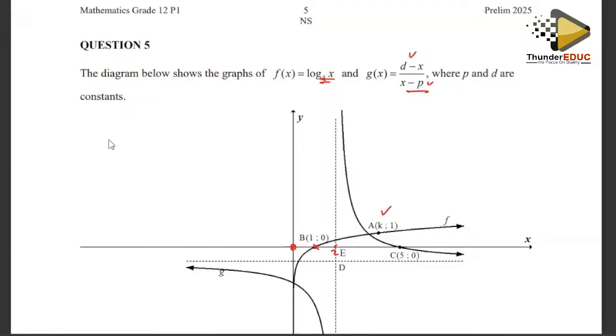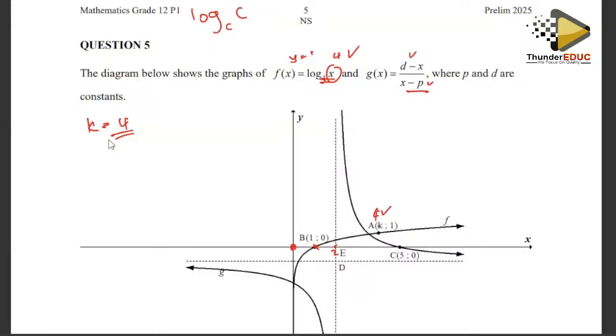Okay, so from our function of f, for us to get a y of 1, x needs to be 4, meaning that k is going to be 4 because log 4 base 4 gives us 1. Because from our laws of logarithms, for as long as the base and the argument are the same, then we get 1. So k is 4, sorted.